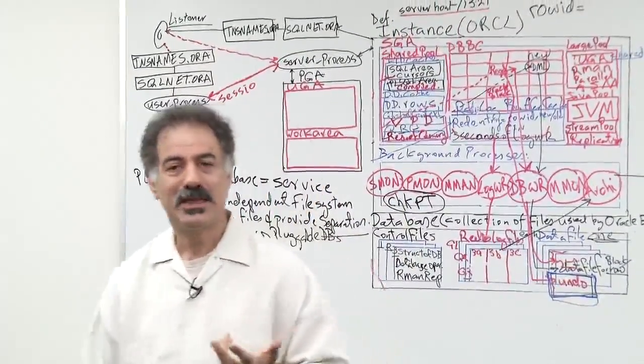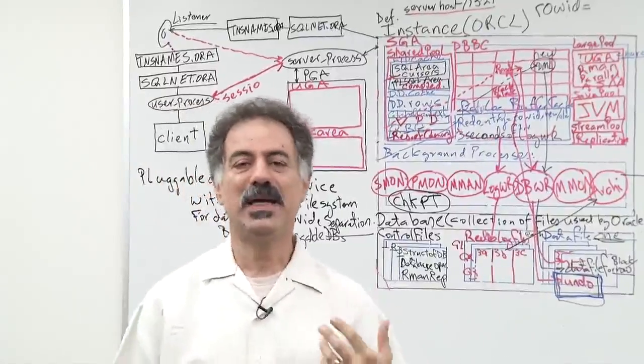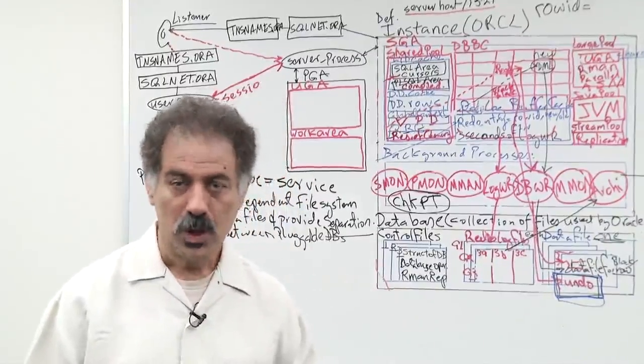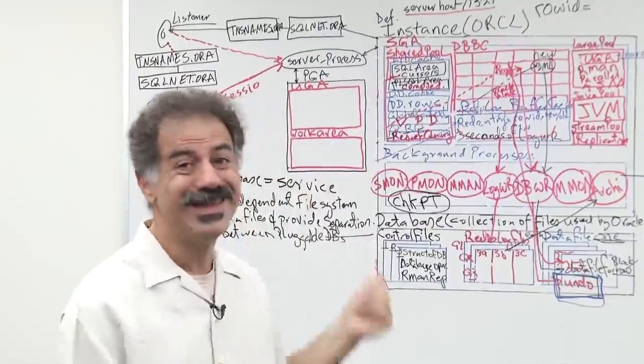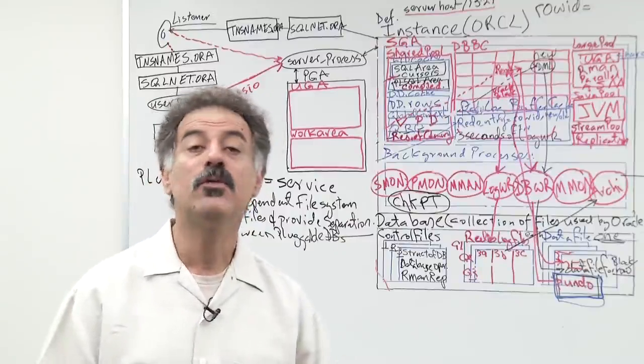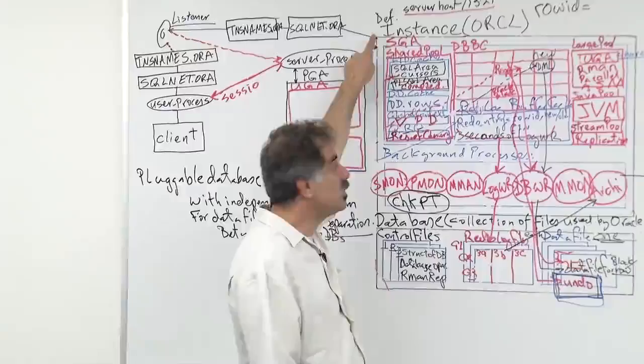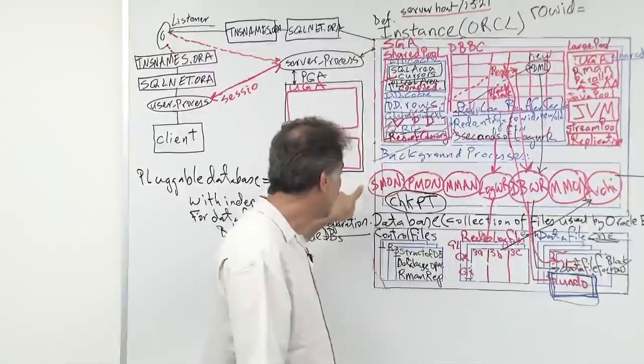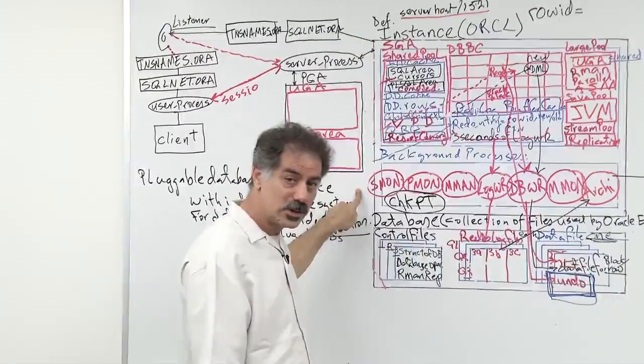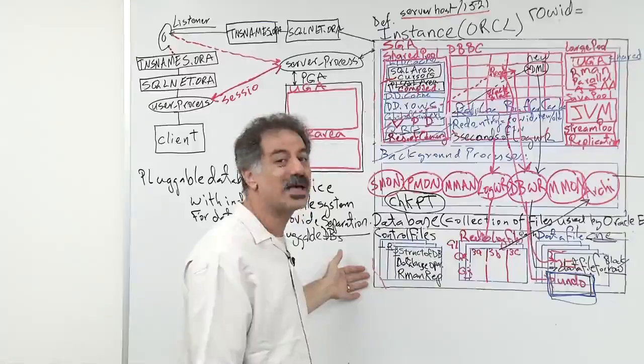So let's say I have 10 independent applications. In the past, I needed 10 databases, one for each. For each database, I needed an instance, a set of background processes, and of course, my data files.